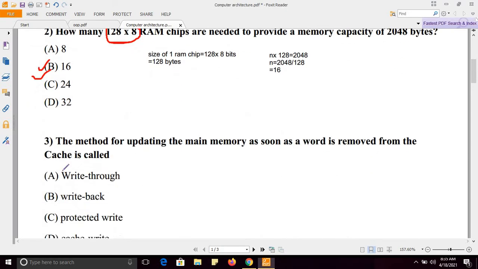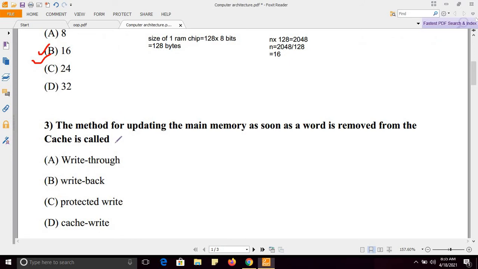Third question. The method for updating the main memory as soon as a word is removed from the cache is called.